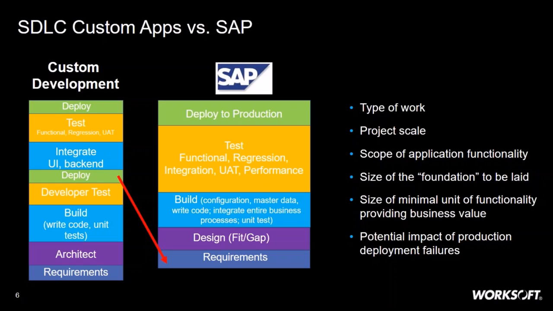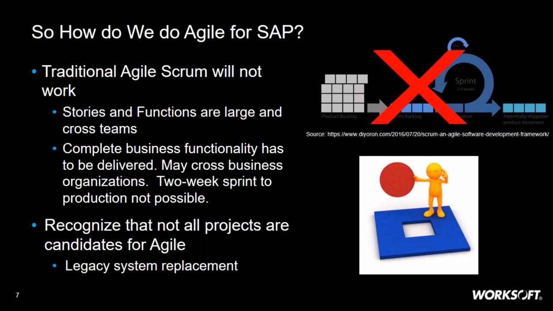So we have to look at that and think, okay, then how do we adapt Agile for SAP? A couple of points. There are some things that SAP and the industry have borrowed from Agile, but there are certain components that we know really don't fit well in the SAP world.